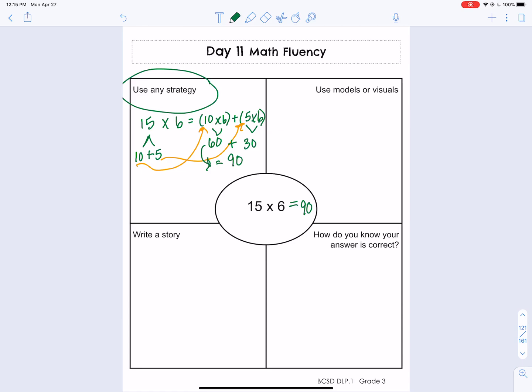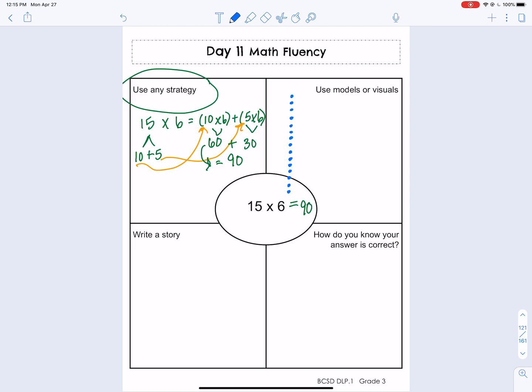For this one, it's going to take you a little while to draw something that represents 15 times 6. I'm going to do an array, and I think what I'll do is count 15 going down like this. 1, 2, 3, 4, 5, 6, 7, 8, 9, 10, 11, I'm running out of space here, 12, 13, let me add one up top, 14, I'll just have to do one more like that, 15.